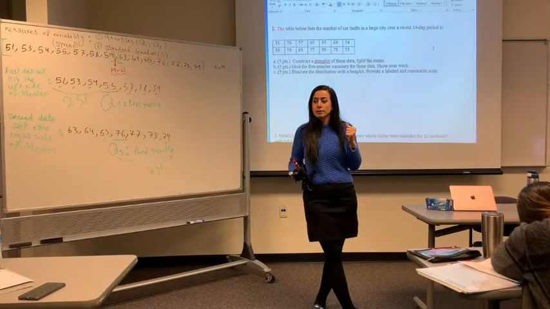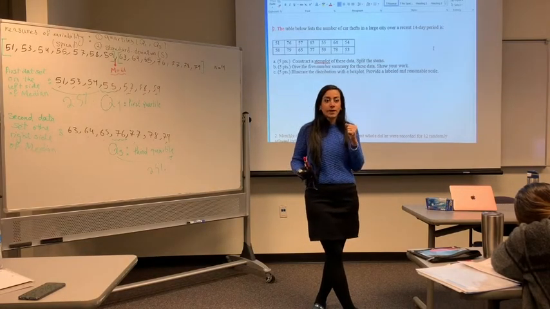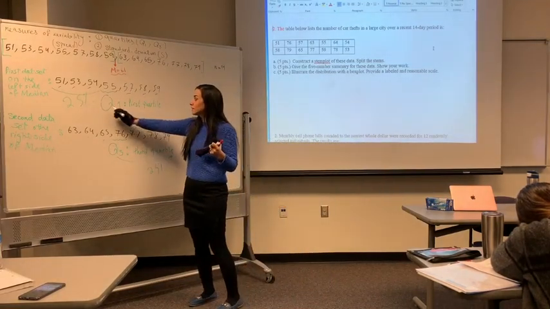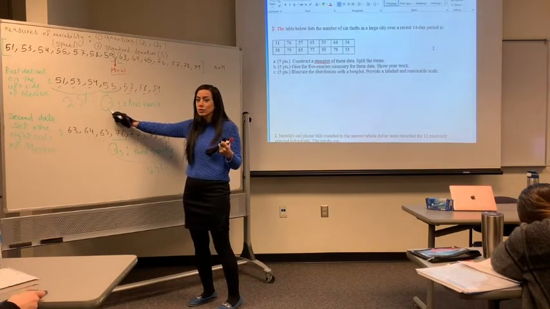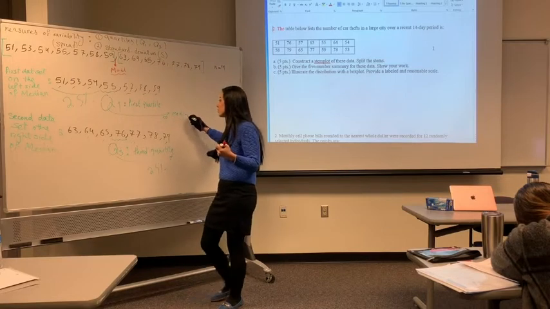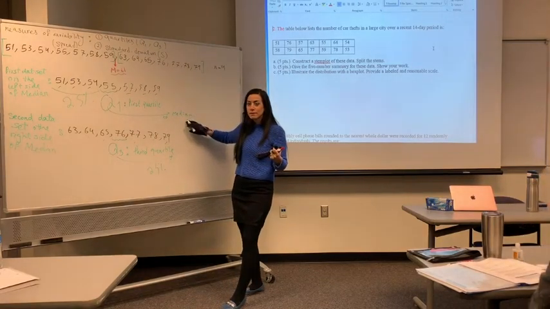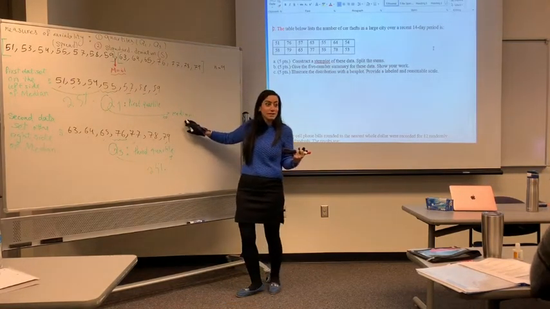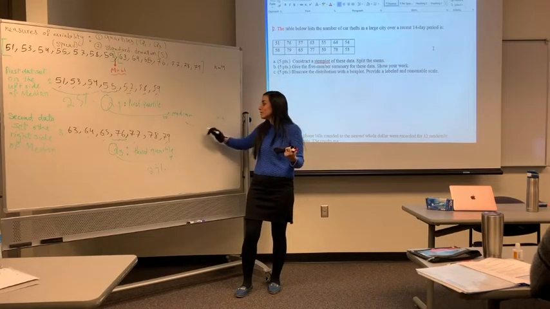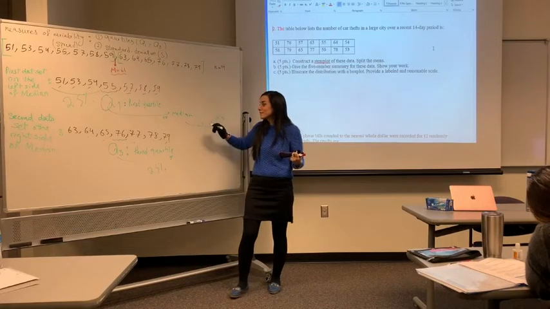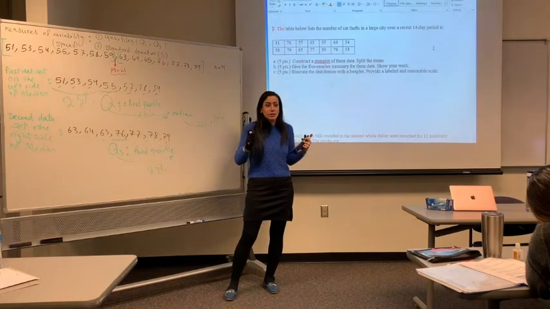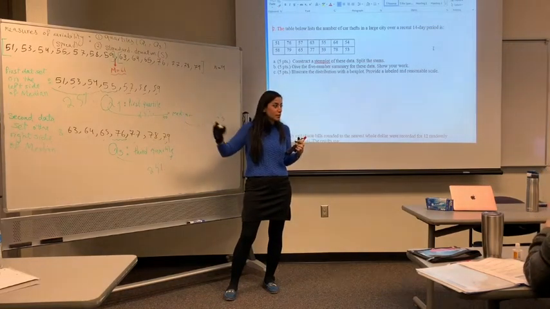So now you will understand if I ask, what percent of observations are from Q1 to median? 25%, exactly. And from median to Q3, what percent? 25%. So now do you see? We have 4 exact 25%.